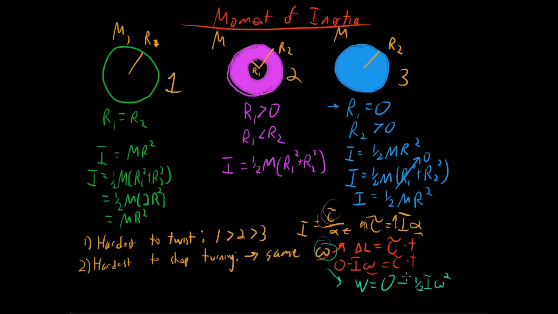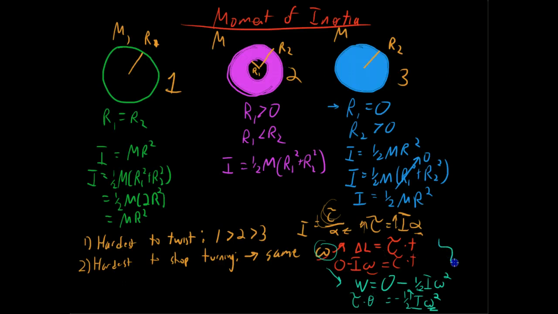If we're saying that omega is the same in each case, then what we are going to need to do is more work. And this I could say is torque times theta equals the opposite of 1/2 I omega squared. So for omega staying the same and a larger moment of inertia, we're going to have to either apply a larger torque or apply it for a greater distance.